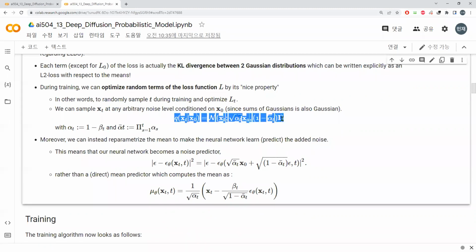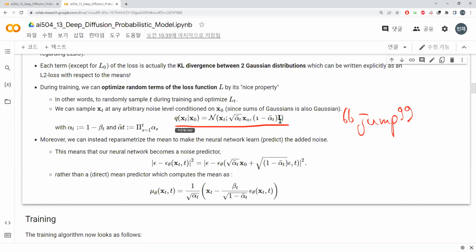Actually, by using this property, I already said we can jump to a specific time step t, right? And with this nice property, we can reparameterize or change the training objective from this to this.